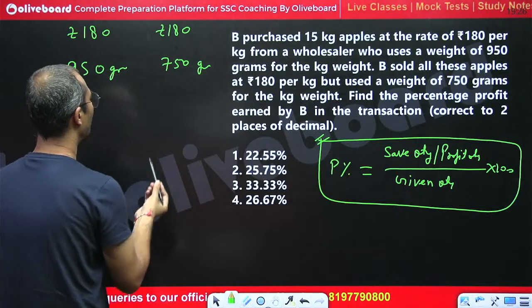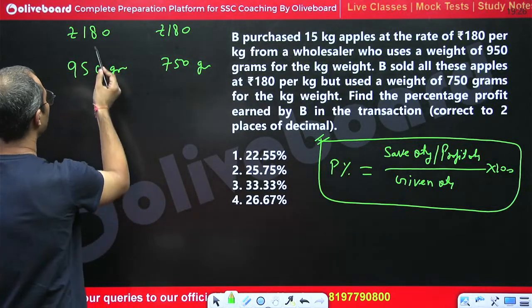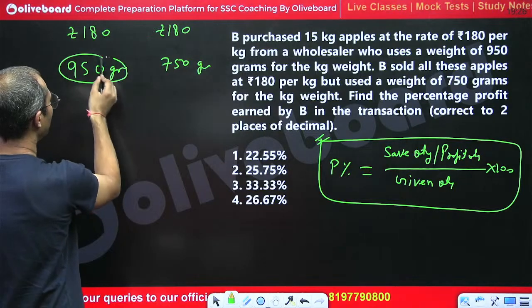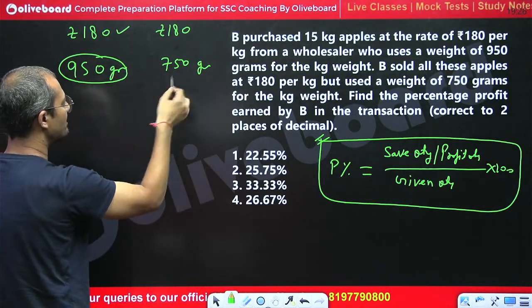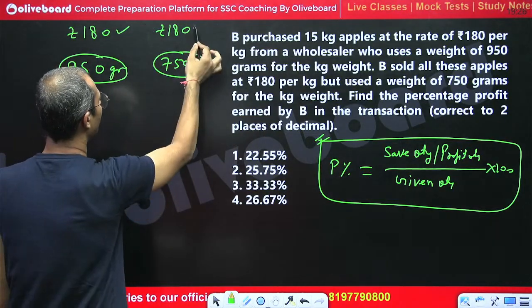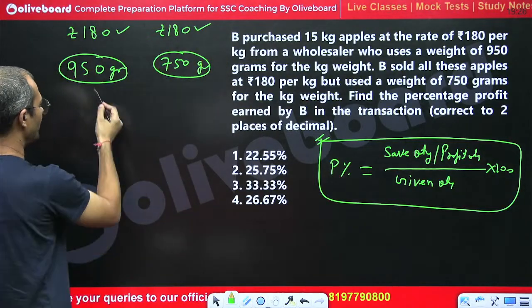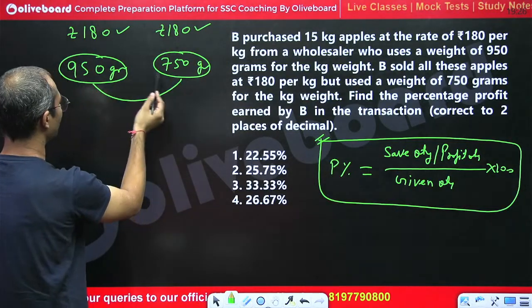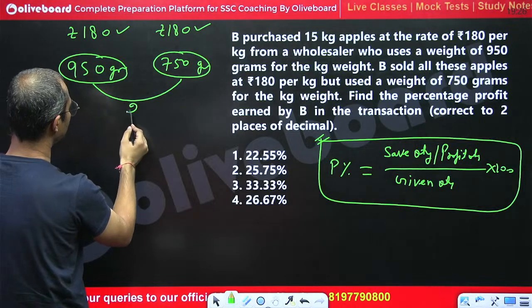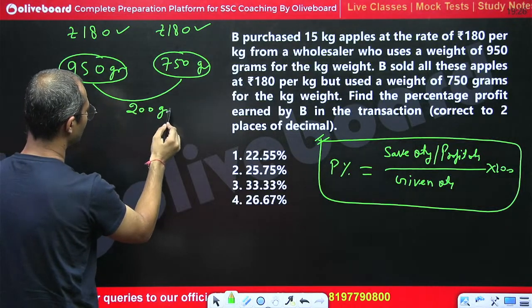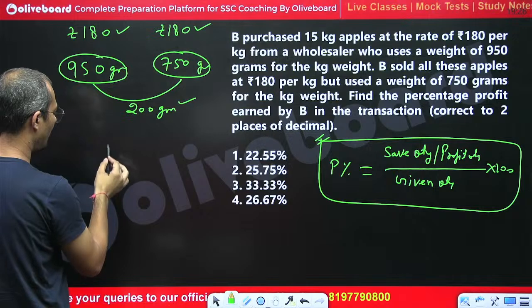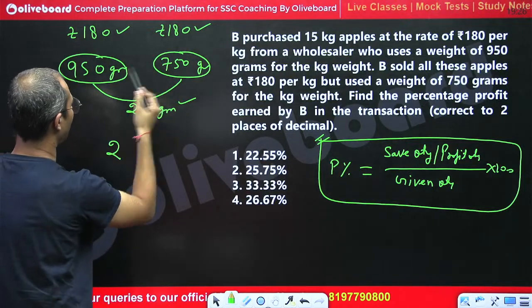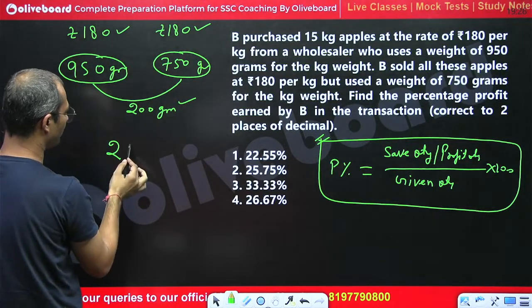So here the shopkeeper is getting 950 gram for rupees 180 and selling 750 gram for rupees 180. So it is clear how much he is going to save. He is going to save 200 gram, right? So 200 gram would be the profit after giving 750 gram.